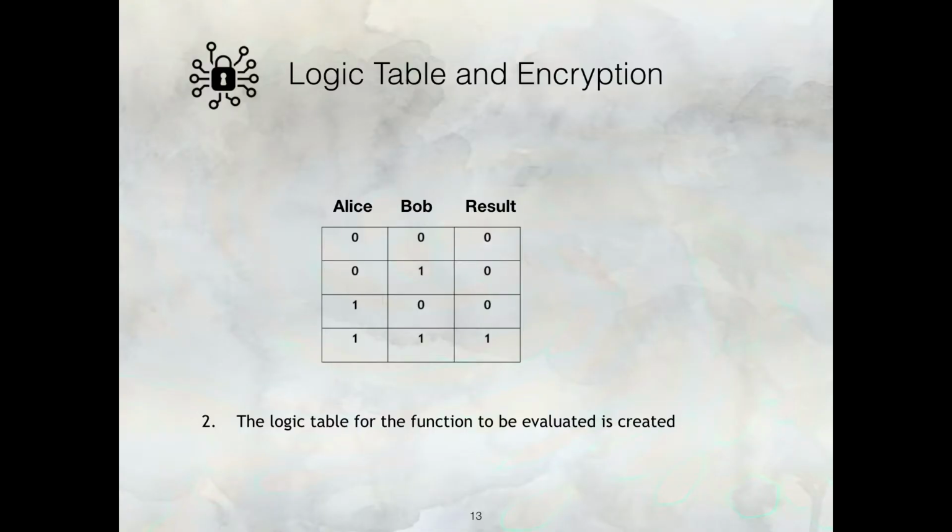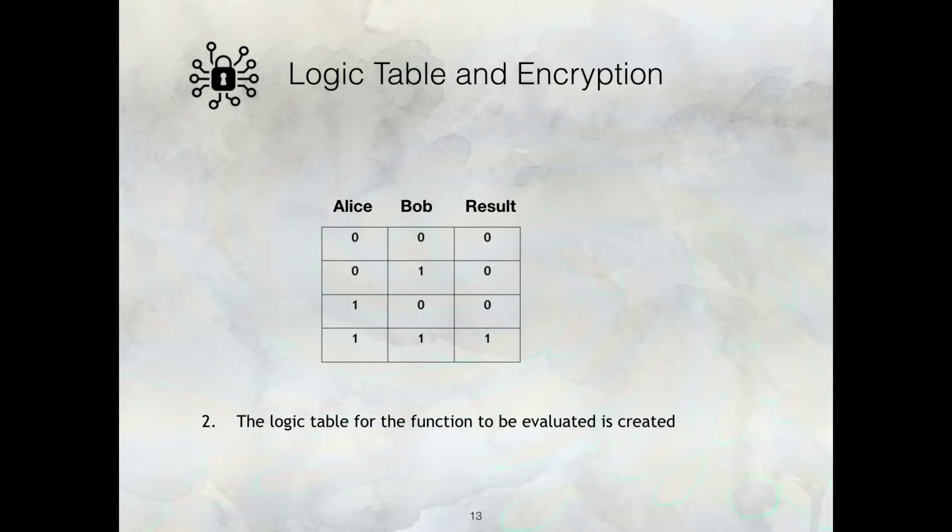Okay, so for the sake of simplicity, I will explain a table that is a very basic AND gate, which is shown here. In order to do this secure function evaluation, the function should be determined ahead of time, and all the possible solutions corresponding to the inputs of Alice and Bob should be put in a table ahead of time.